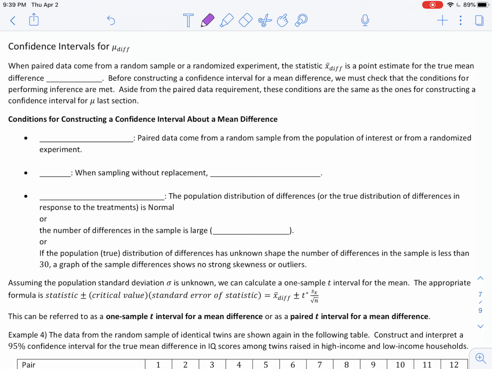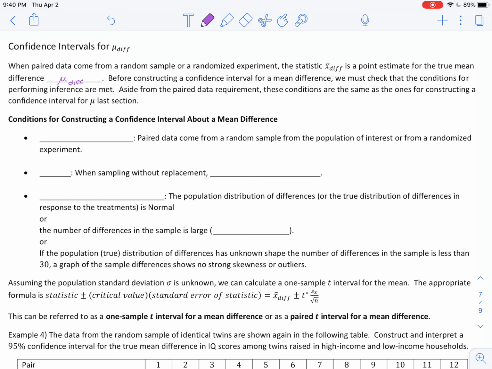We're creating a confidence interval for the population difference, which is different than what we were just doing before this video started. When paired data come from a random sample or a randomized experiment, that statistic we were just looking at is the point estimate for the true mean difference, mu sub diff.